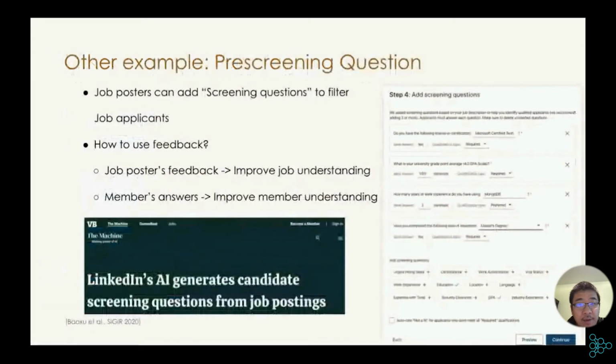This is just some other examples, because we talked about how to collect member-to-skill data. Here, we also ask a lot of pre-screen questions when people apply for a job, to better understand the jobs and the members. That's another type of product, how we collect data from users directly to construct the knowledge graph.